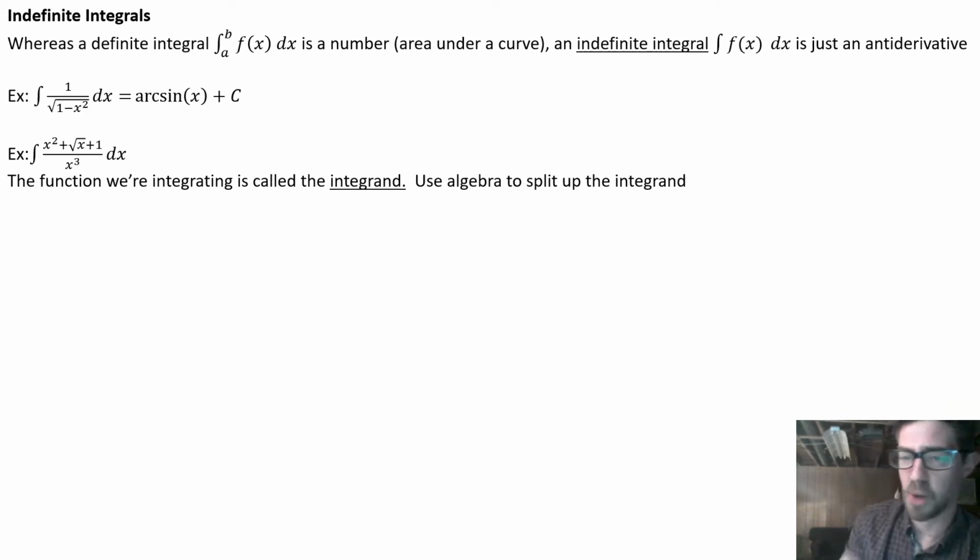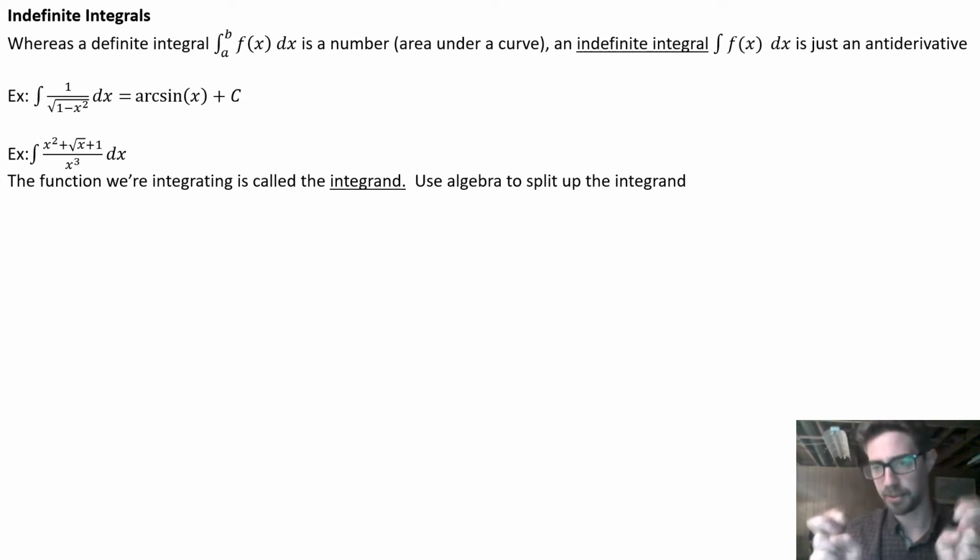So most of the work here isn't calculus, it's just algebra. You're going to use algebra to pull this thing apart, and I'd say simplify, though it doesn't really make it simpler, so that you can look at all your individual summands separately and integrate them.